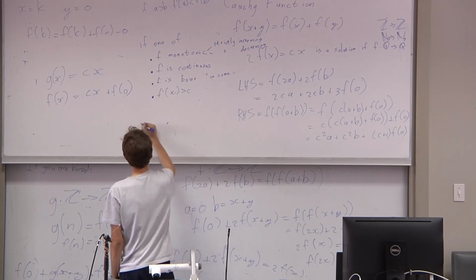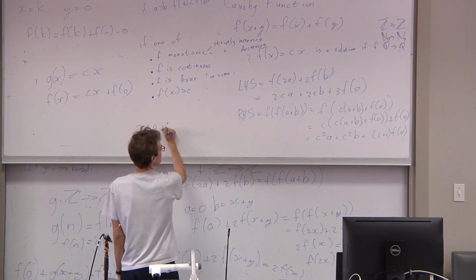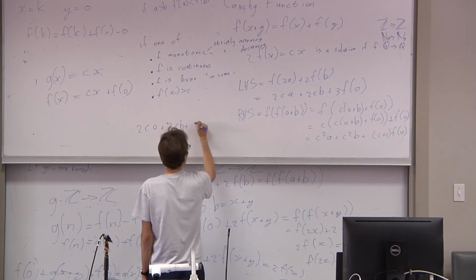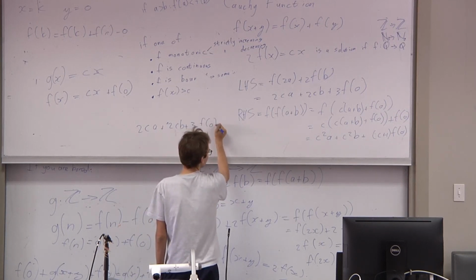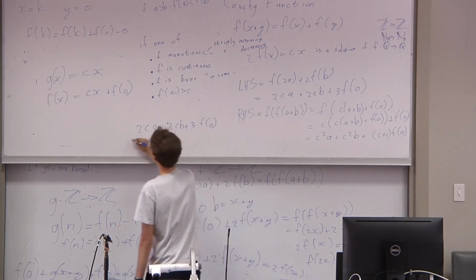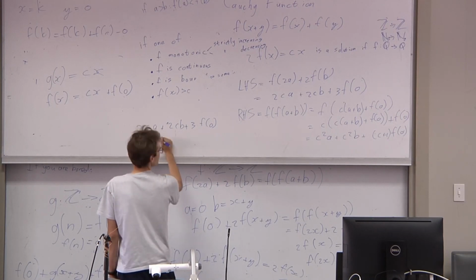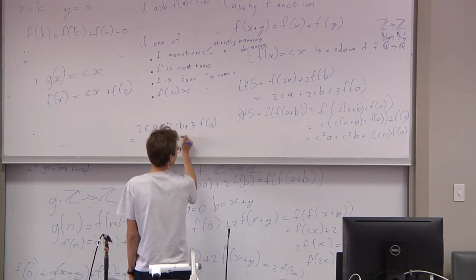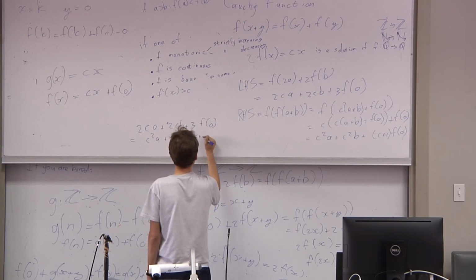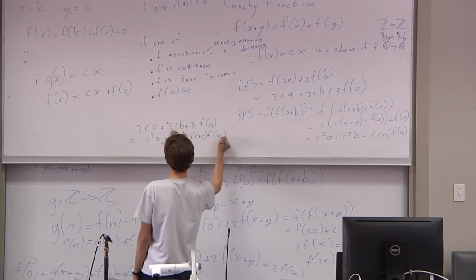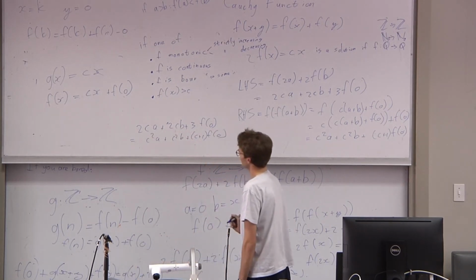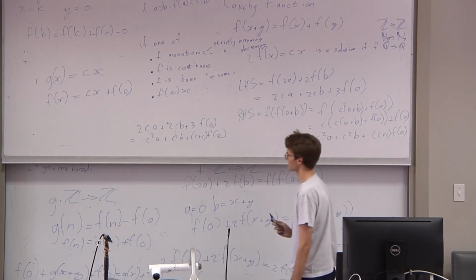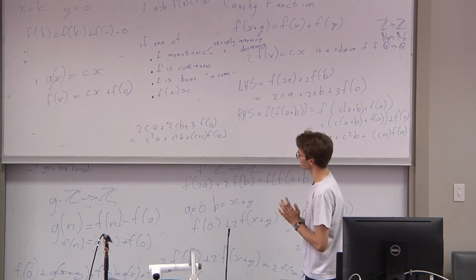So we get 2 times a plus 2b plus 3 f of 0 has to be equal to c squared a plus c squared b plus c plus 1 times f of 0. That's scary.